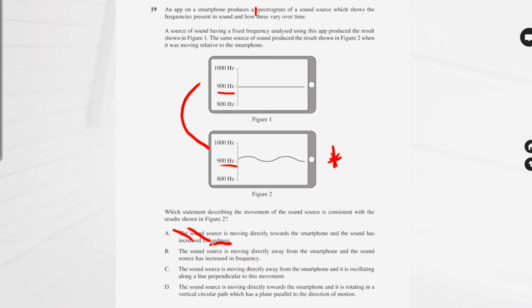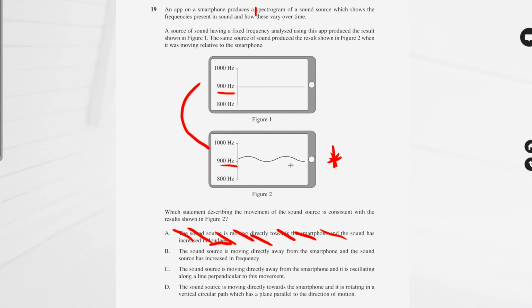So answer A is wrong because it's giving us a completely incorrect statement. B, the sound source is moving directly away from the smartphone and the sound has increased in frequency. Now, based on what I just said, that almost sounds plausible, except if you look here, it does increase the frequency, but then the frequency decreases.